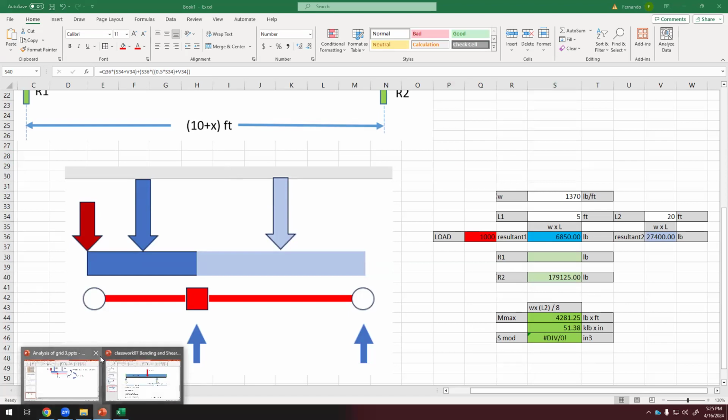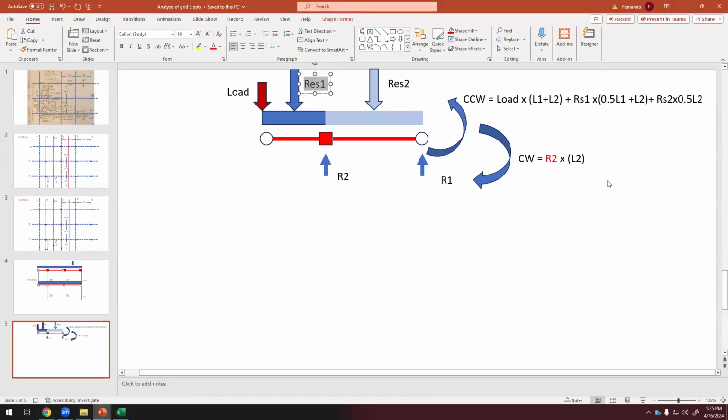So we have already done this, okay? So we have this, load times this, plus resultant times this. And now we have this plus resultant 2 times 0.5 L2.